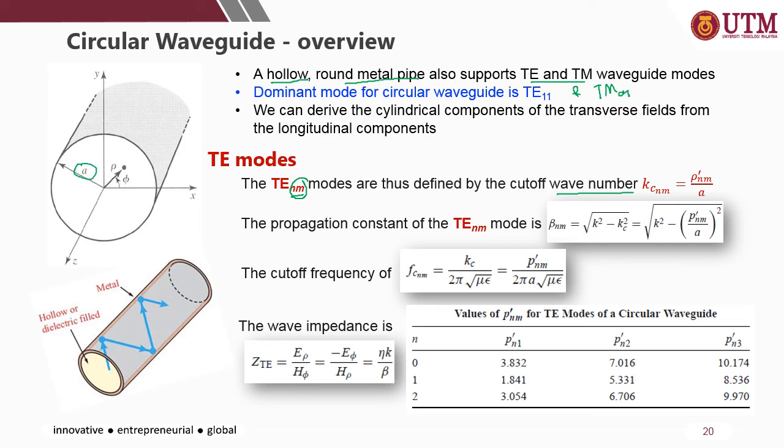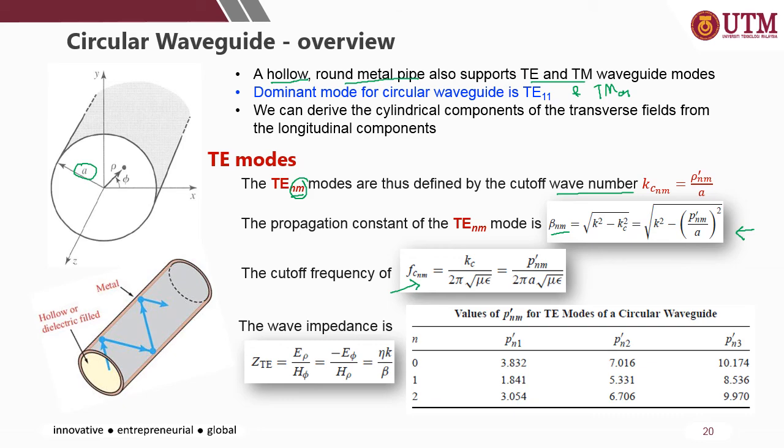And the propagation constant of the mode, beta nm, can be calculated by using this equation. K is the wave number, and the cutoff frequency can be calculated by using this equation.